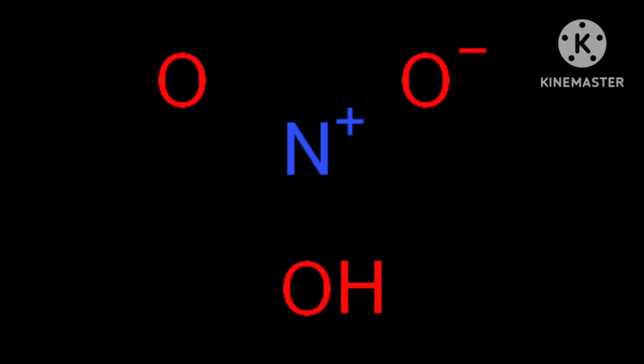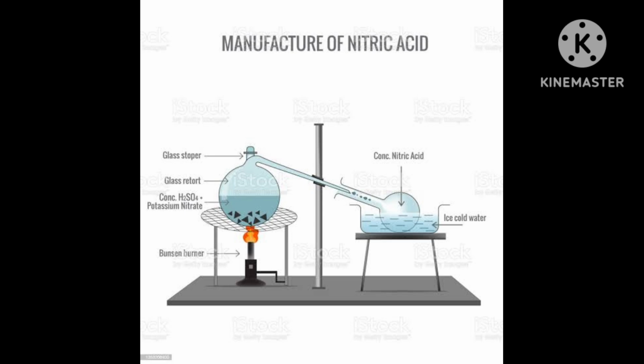Okay, HNO3 plus H2O, then this H2O will take H, then it will become H3O plus, that is called hydronium ion, and the other product is NO3 minus. Okay, this I have told you, it is giving two products, hydronium ion and nitrate ion.